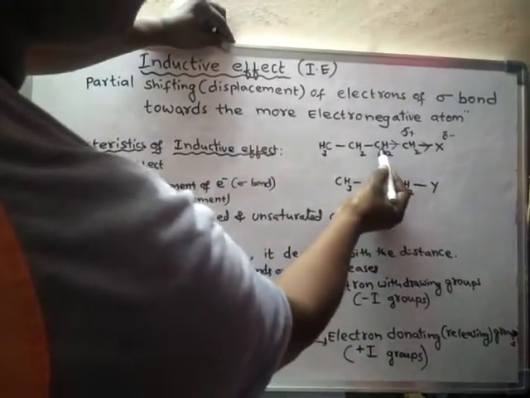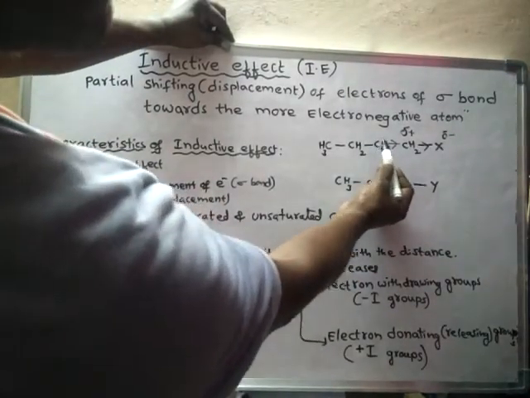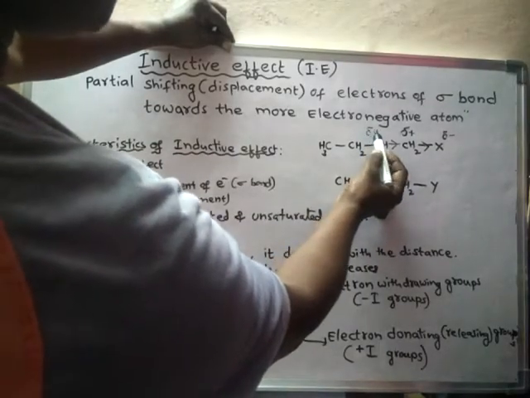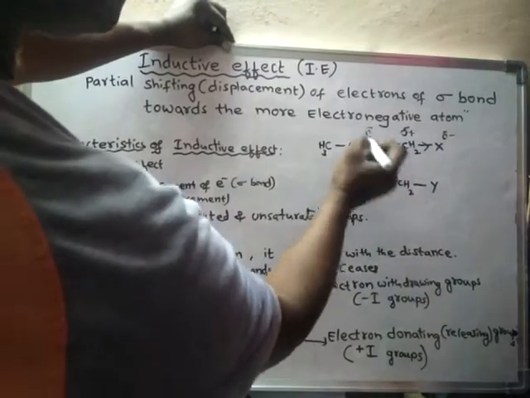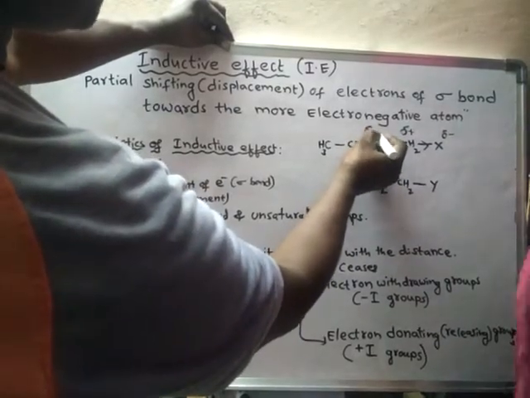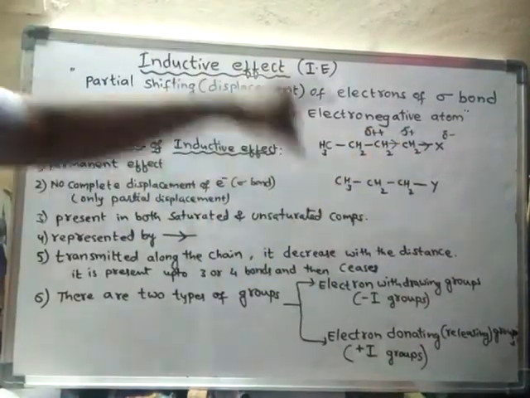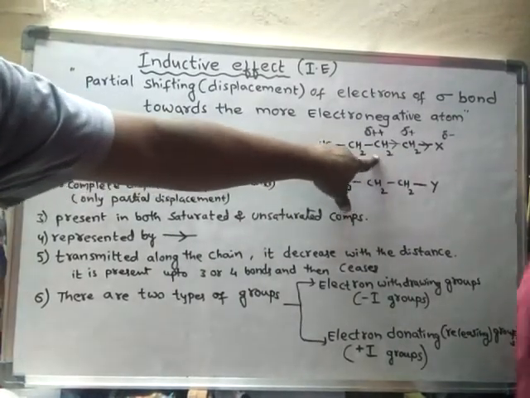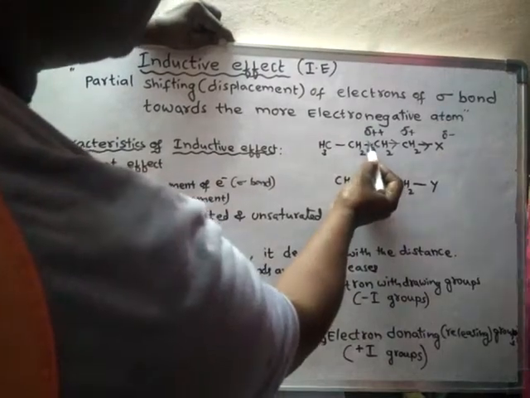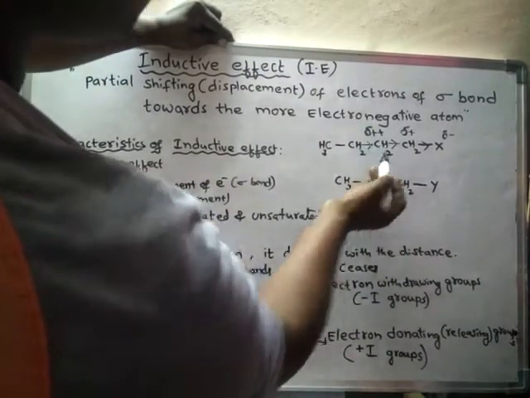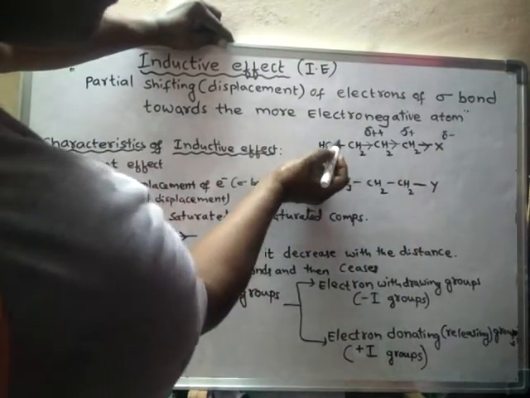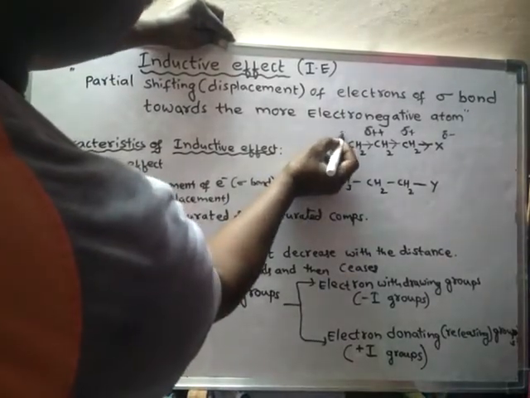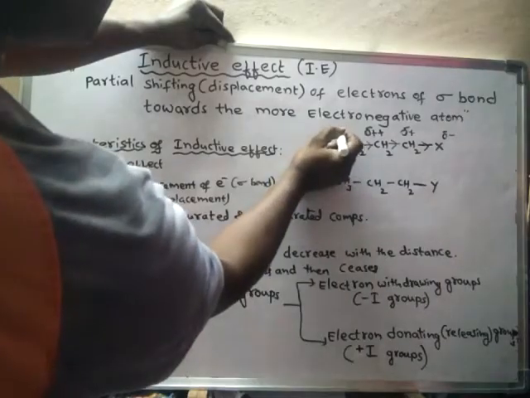Due to this, the next carbon will suffer some deficiency of electrons and develop a partial positive charge. So here the charge is decreased. Again, this will pull the electron pair of this sigma bond towards it, and the next carbon will suffer a partial positive charge, and here the charge will further decrease.